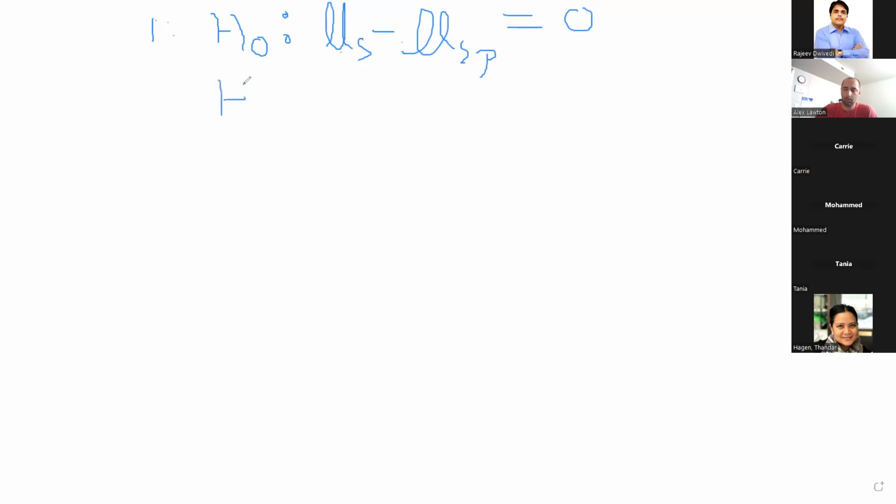The alternative hypothesis is written HA, or some people also write H1. Either way, both are correct. Mu Seattle minus mu Spokane not equal to 0. This means it is plus or minus, some value will be there, and this is the alternative hypothesis.